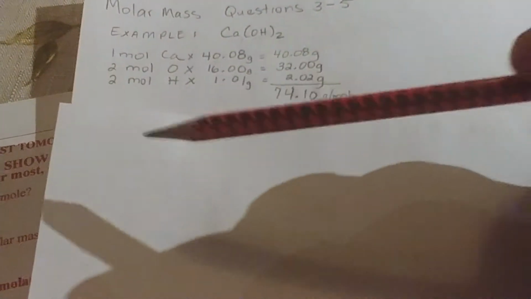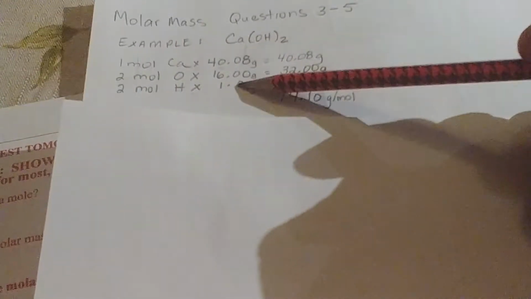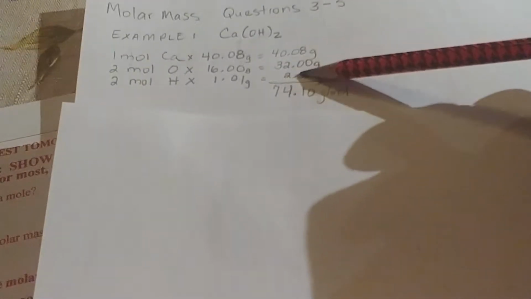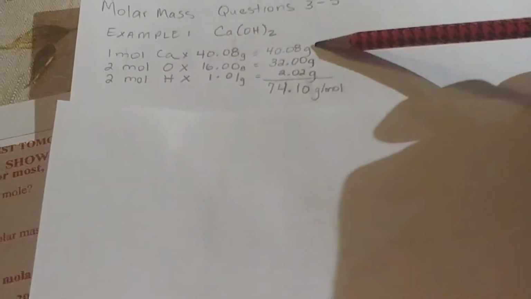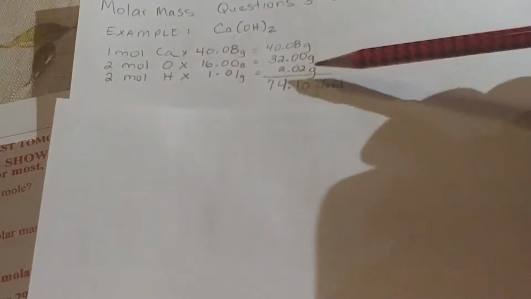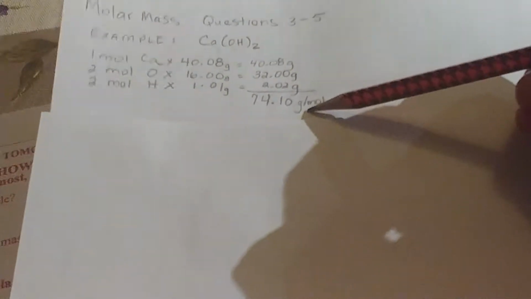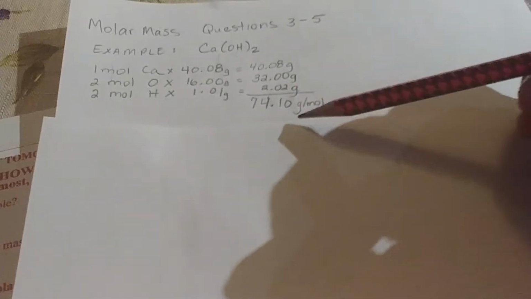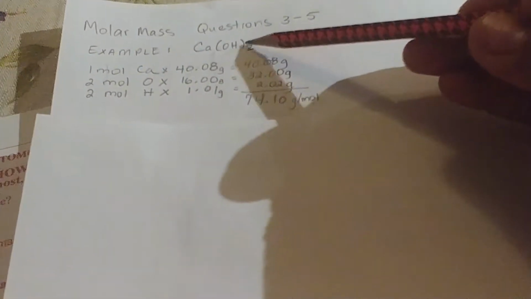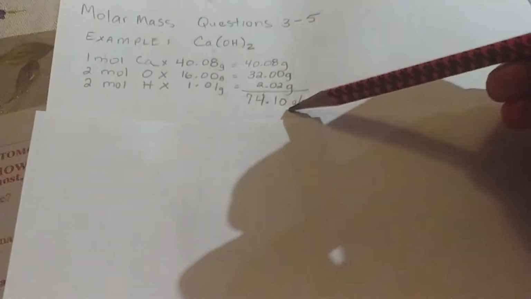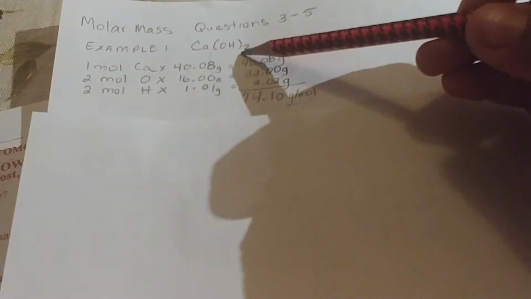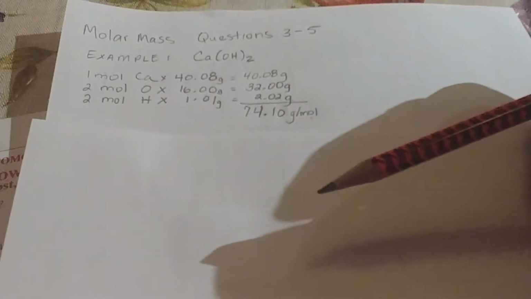Okay, so you know where we got these numbers, so now we multiply. Once we multiply, we get 40.08, 32, and 2.02 grams. So what you're going to do is add them all, and that gives you your final molar mass for that compound. So by saying that it's your molar mass, you're pretty much saying that in 1 mole of calcium hydroxide, there are 74.10 grams. That is the mass of 1 mole of that substance. Okay, so now you can go ahead and follow this example and do questions 3 to 5.